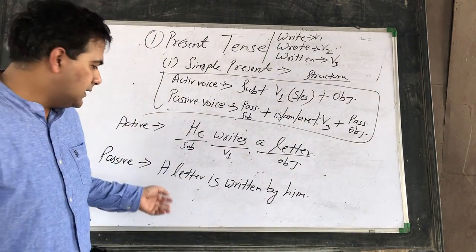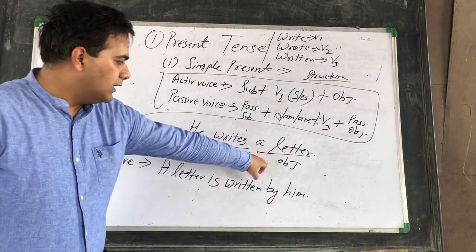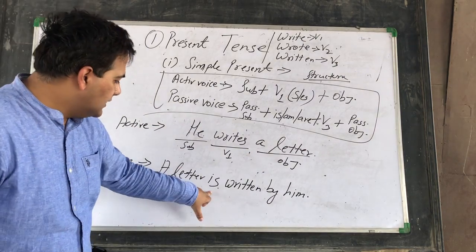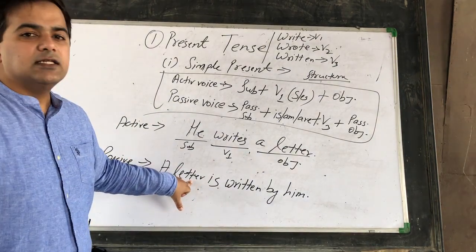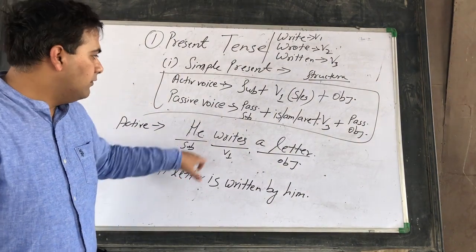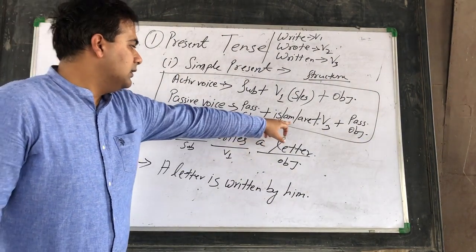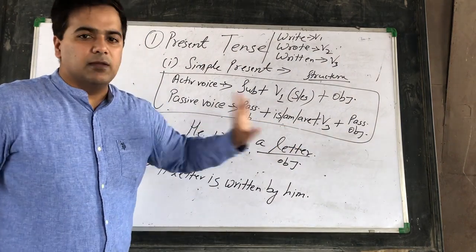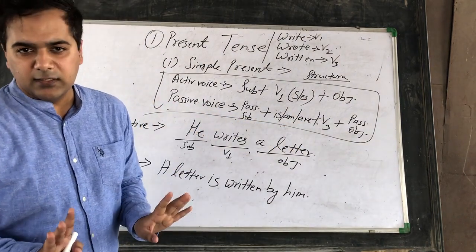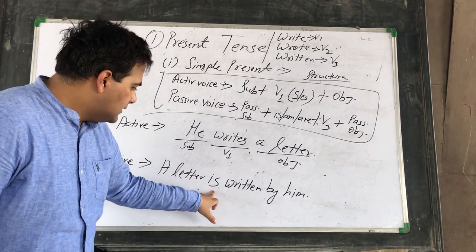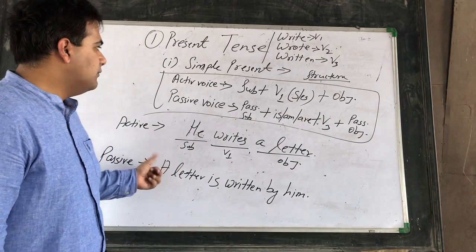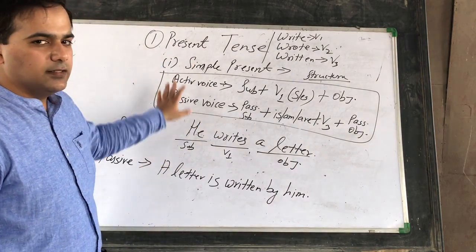I hope you understand. A letter, we have converted the object. Since the object is singular, is will be there. If letters is there, then we will pick the verb are. Letters are written by him. But here a single letter is there. A letter is written by him. So this is the passive voice of simple present tense.